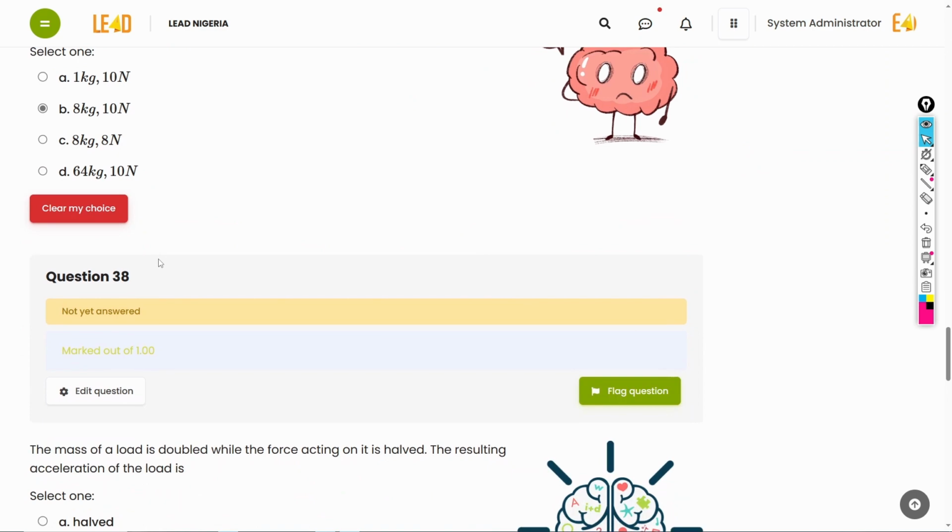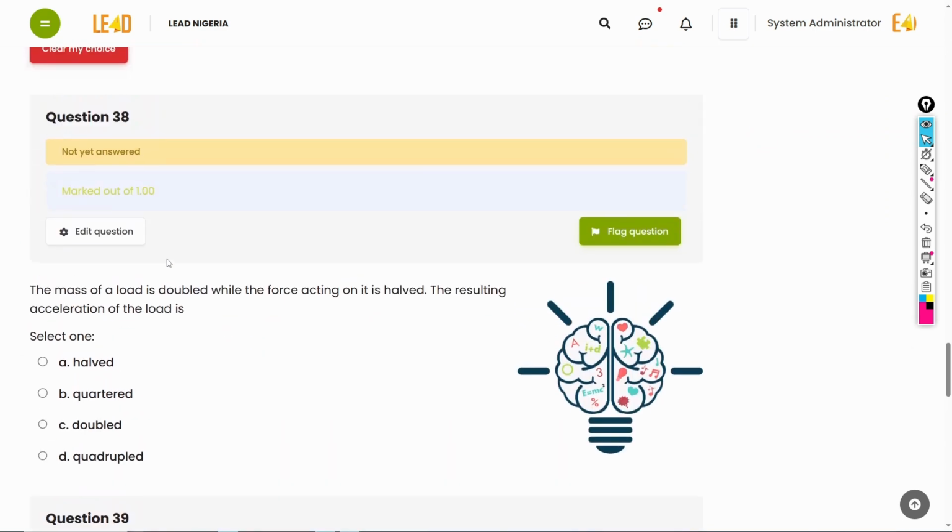All right, that's 37. 38. The mass of the load is doubled while the force acting on it is halved. The resulting acceleration of the load is? Okay, so this is a skill that I try to get across, basically just manipulating variables.